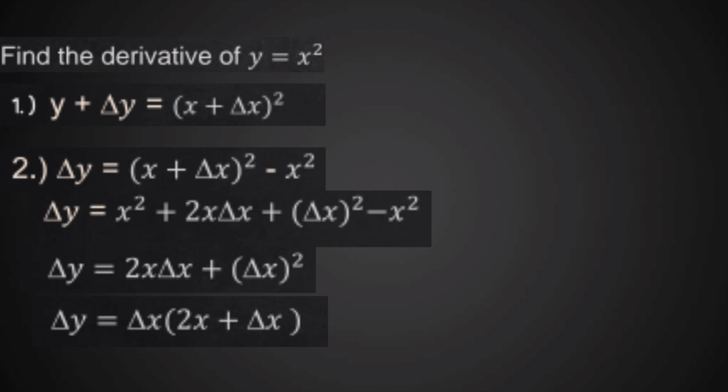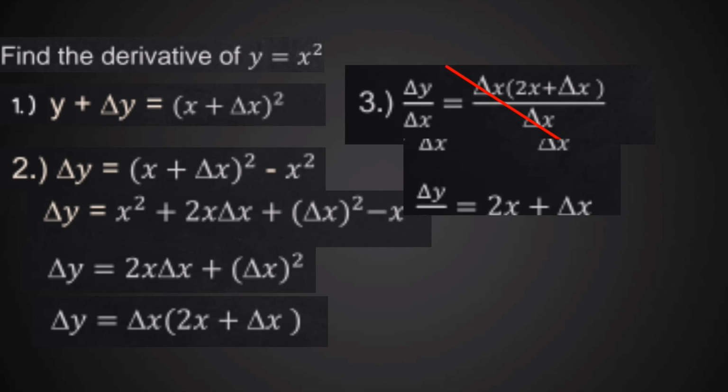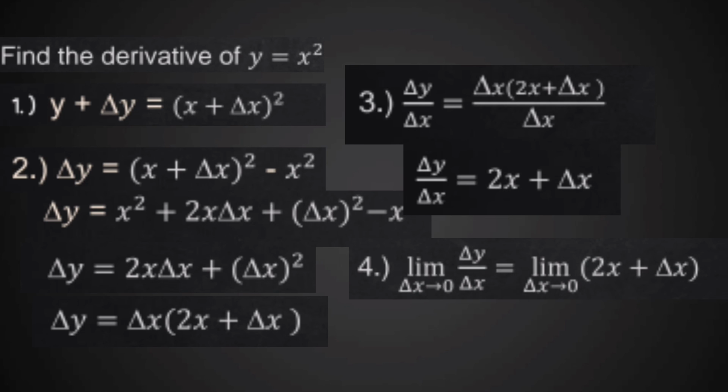Going to step 3, wherein you will divide both sides by delta x. This will cancel, leaving this term, and proceed to the final step on getting the limit as delta x approaches 0.